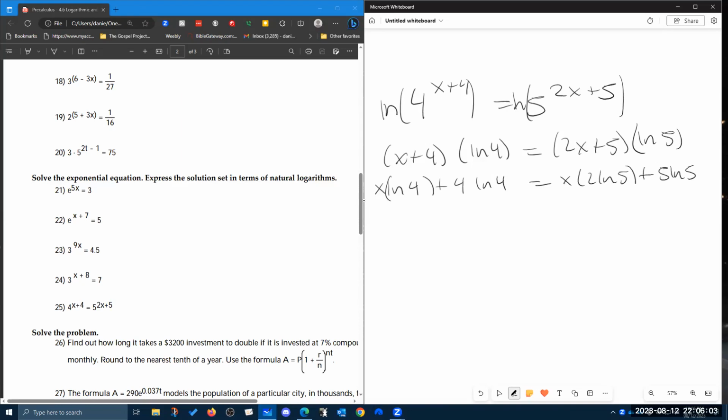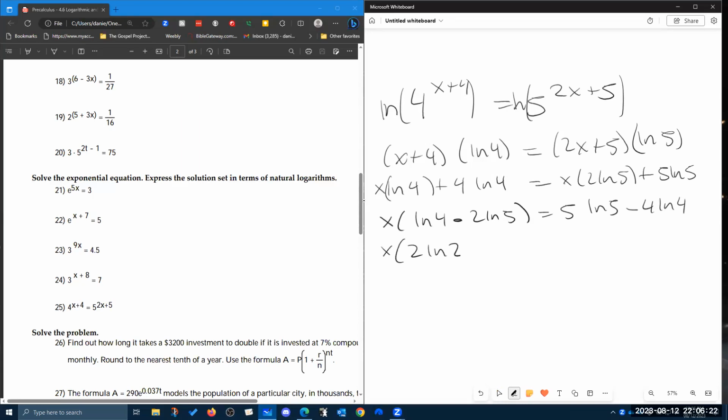We're going to get our x terms together. x times ln of 4 minus 2 ln of 5 equals 5 ln of 5 minus 4 ln of 4. Before we go any further, I'm going to change my ln of 4s into ln of 2s.